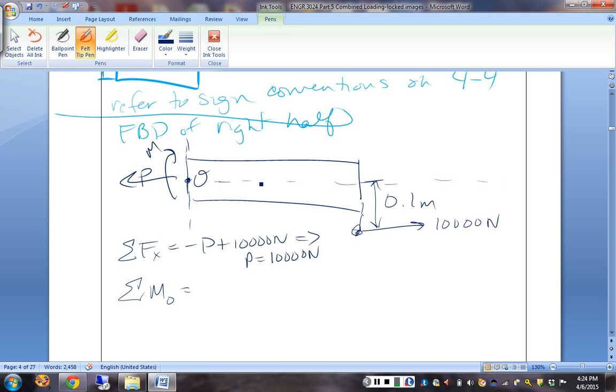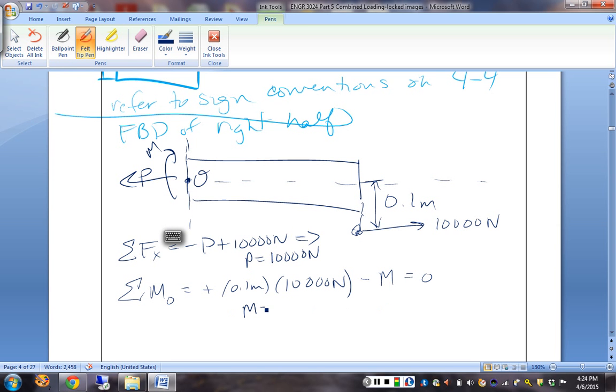There we go. And is that going to tend to make it go positive or negative, if O is my reference point? Which way is it going to spin? Going to make us go that way. So that applied force is a plus 0.1 meters times 10,000 newtons. And then what else do we have? We have our internal moment, and that one's drawn globally as a minus M.